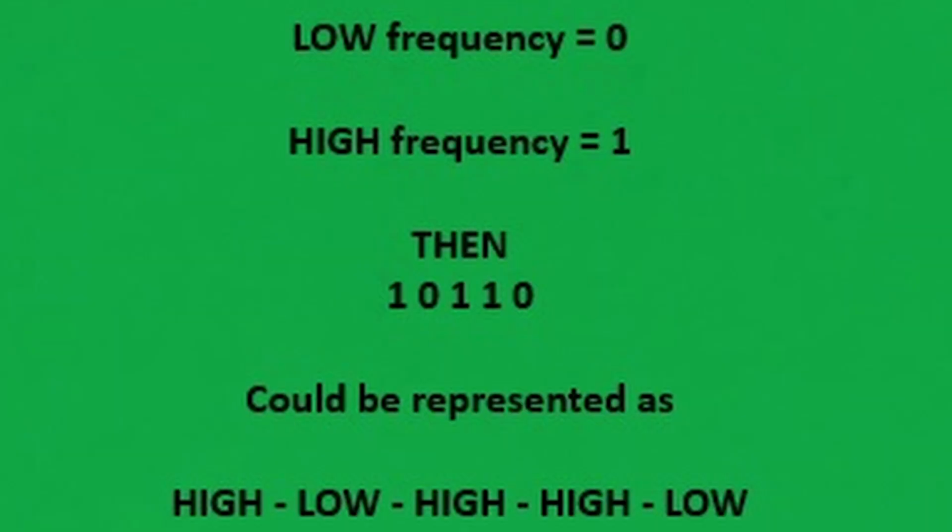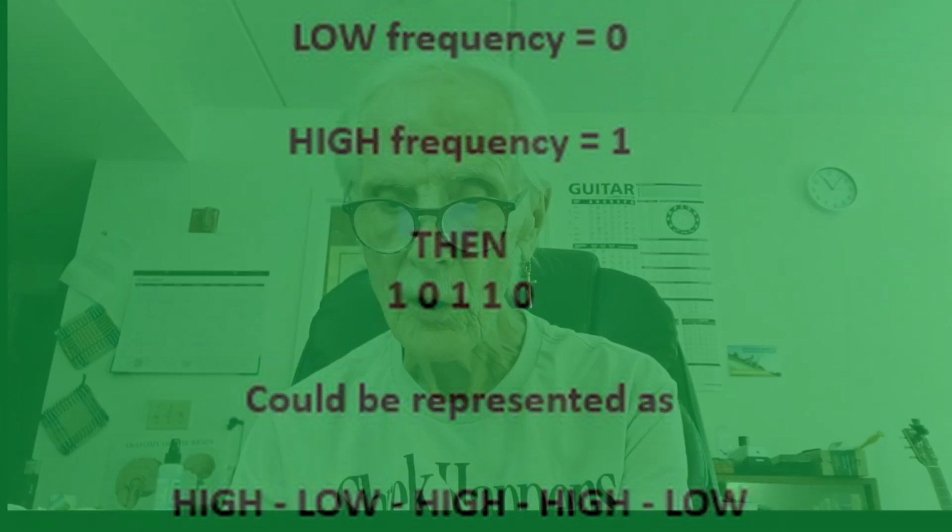In an extremely simplified example, imagine low frequency equals 0, high frequency equals 1. Then 1, 0, 1, 1, 0 could be represented as high, low, high, high, low.